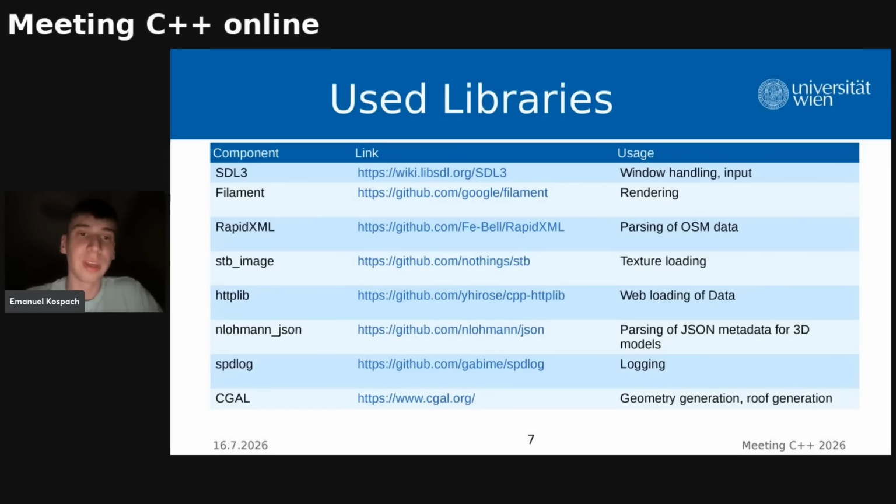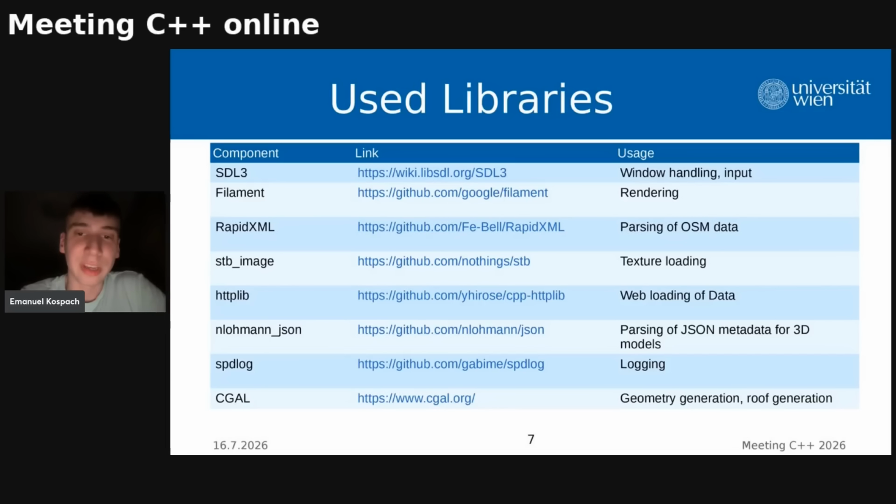It uses SDL for window handling, as already mentioned, and Google Filament for the rendering. I made a custom XML parser with RapidXML, stb_image for texture loading, and httplib for loading of the data.